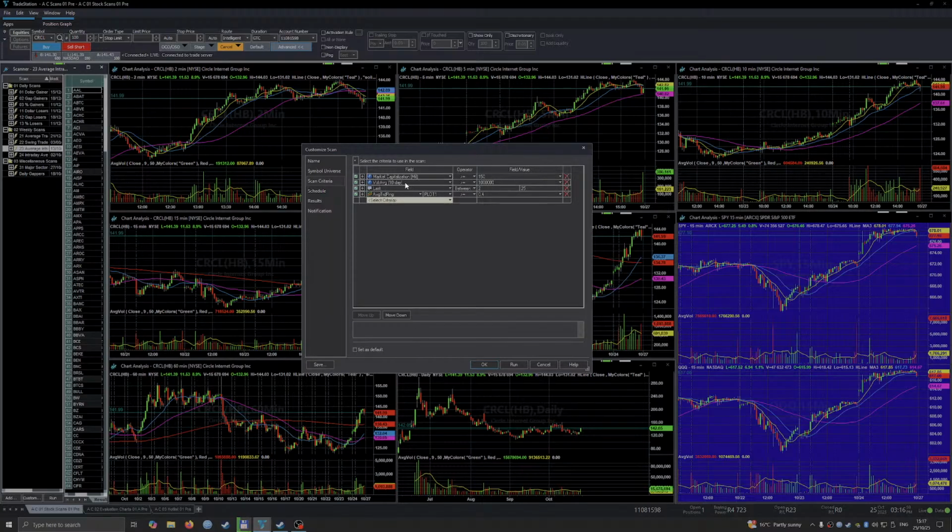Volume average over the last 10 days is 1 million or more per day. 1 million stocks must be traded per day or more. Average price must be between $2 and $25. And average trading range, which also goes for the last 10 days, must be 40 cents or greater.